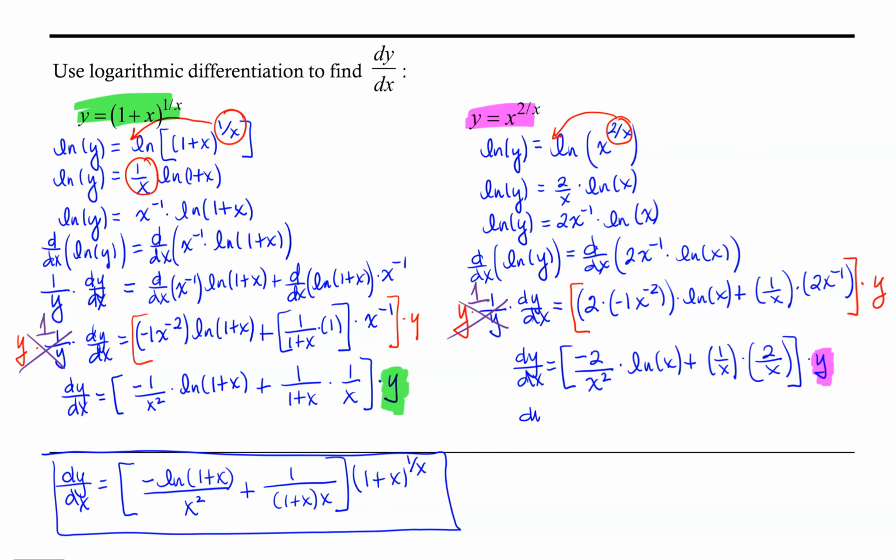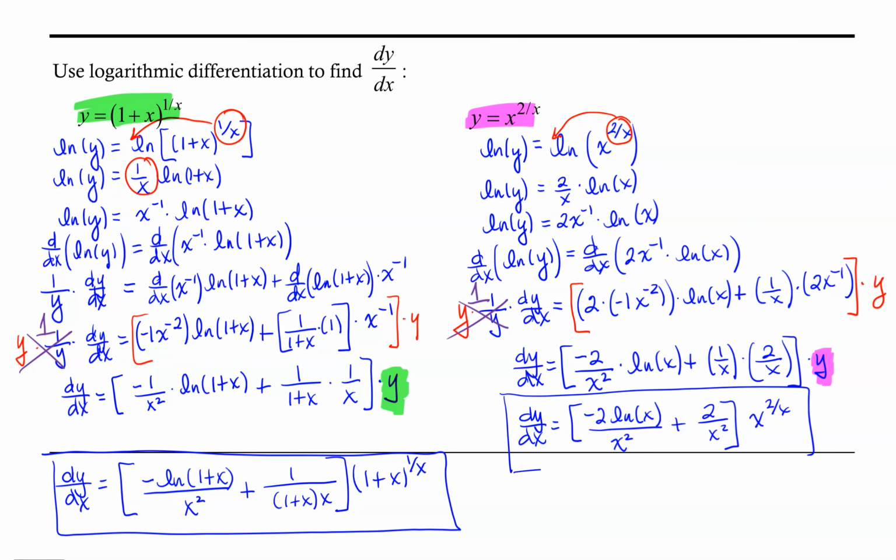So our dy/dx is equal to negative 2 times the natural log of x over x squared plus 2 over x squared times y, and y is x to the 2 over x. And there's our derivative. I hope you find this helpful.